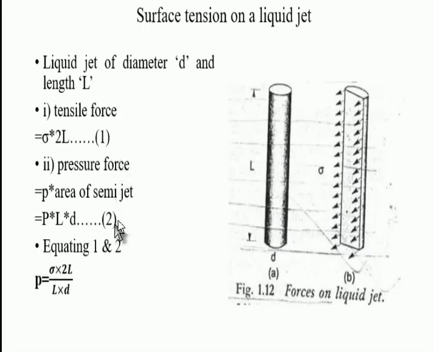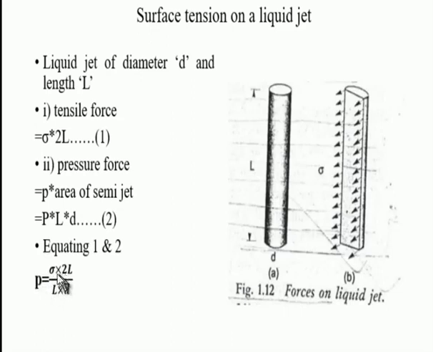By equating these two equations, we get P is equal to sigma into 2L divided by L into D, or 2 sigma by d. L and L get cancelled, so we get 2 sigma by d.